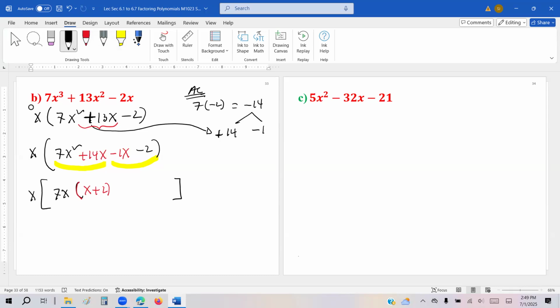And now observe your second group. It started with negative. So do you want to start to deal with something negative? No. So you have to factor out the negative. And between x and 2, do you have anything in common? No, that means you have 1 in common. When you have nothing, you have 1. So the negative 1x turns into what? Negative 1x divided by negative 1 turns into positive x.